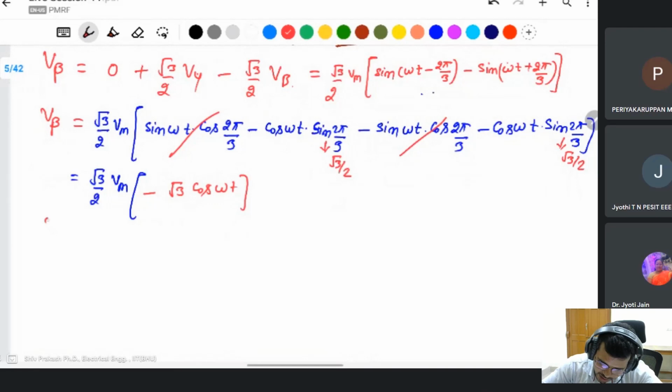So what is V beta? Root 3 times root 3 will be 3, minus 3 by 2 Vm cos omega t. This is the V beta.